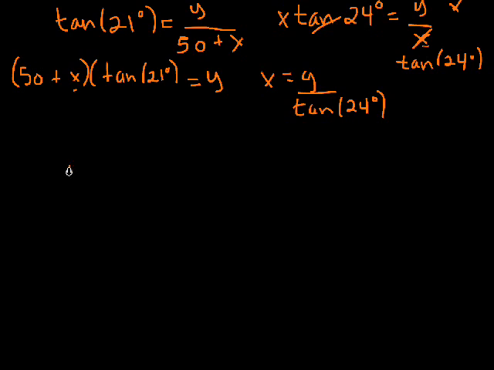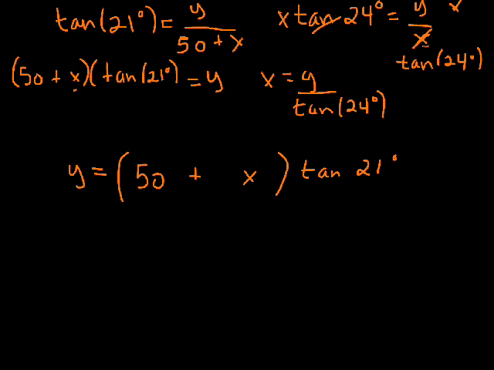Let's start with y equals 50 plus x times the tangent of 21 degrees. But the x right here equals y over tan of 24 degrees. We can take that x right there and replace it with all that right there.